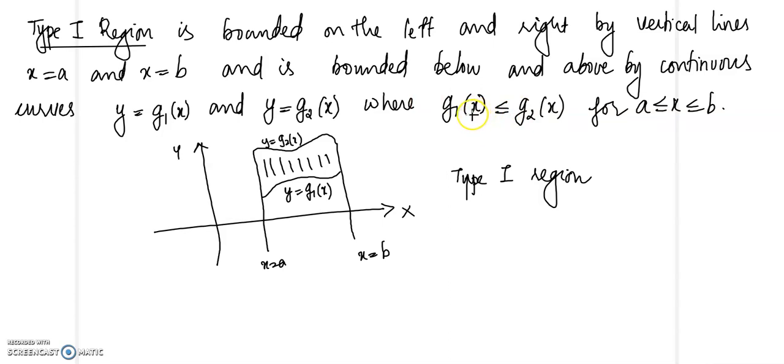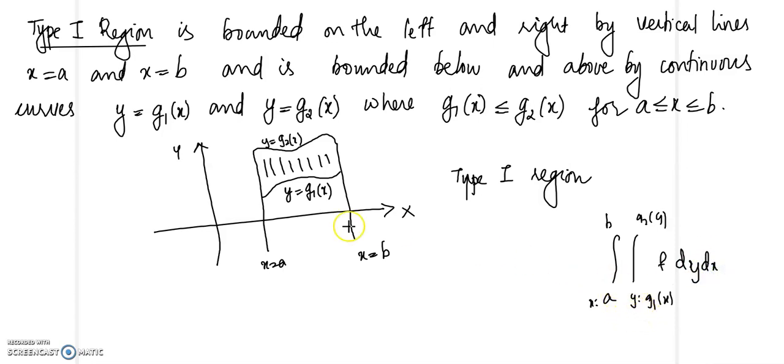A region of this form is called the type 1 region. The integral we saw first was of this form. So x varies from a to b and y varies from g1 of x to g2 of x.